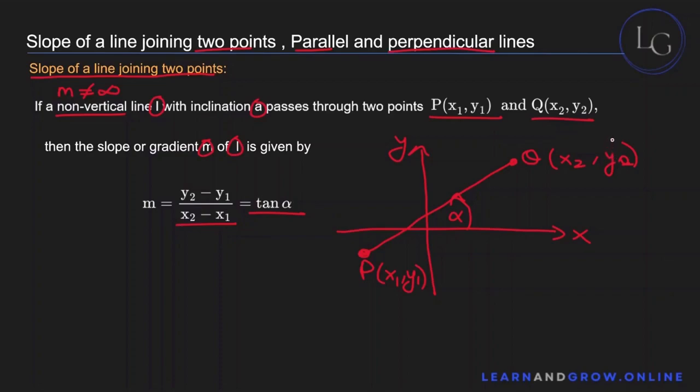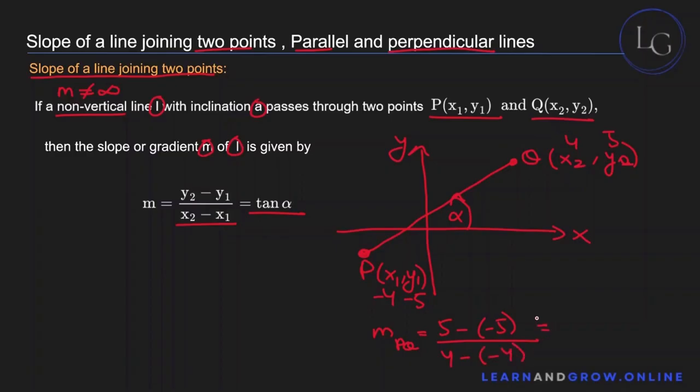Say y2 is, well, let's say it's 5, and let's say x2 is 4. Let's say x1 is -4 and y1 is -5. Okay, then you can find out m, the gradient of PQ, by subtracting y2 and y1, so 5 minus -5, and dividing it by the difference of x2 and x1, so 4 minus -4.